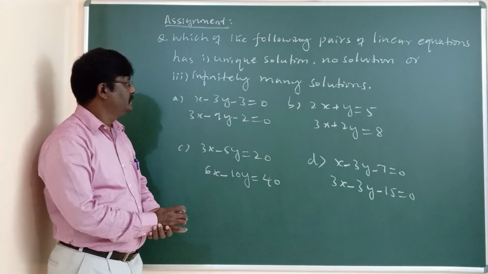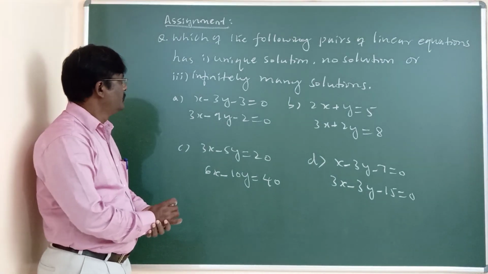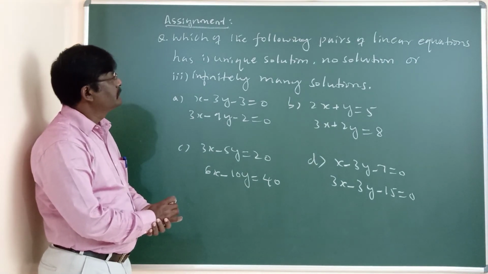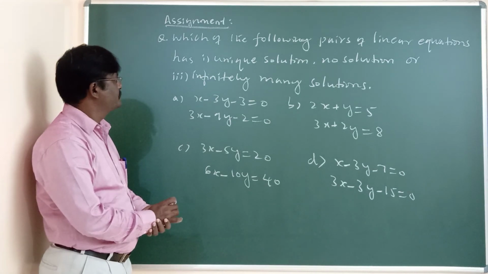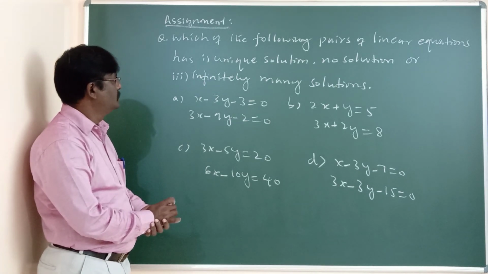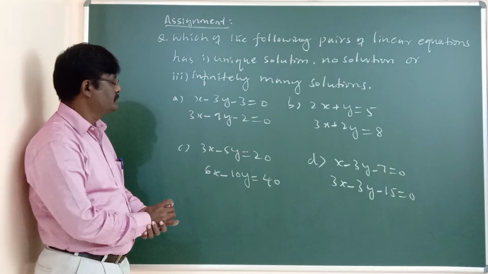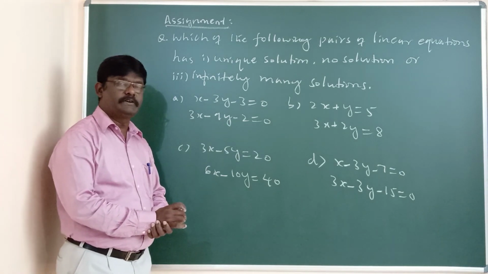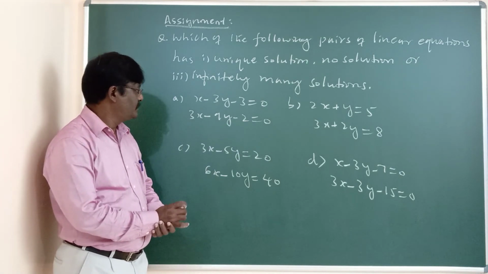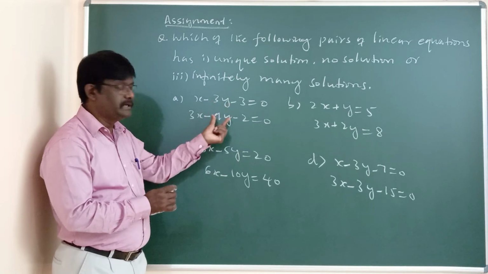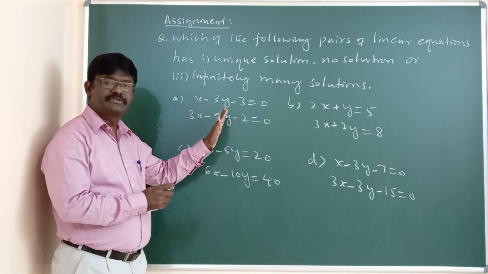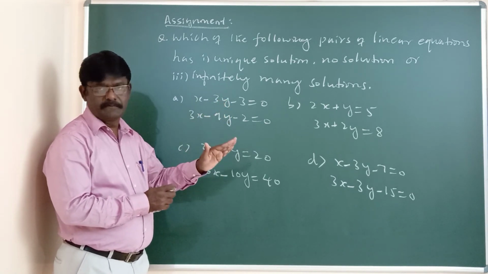Okay, children, here in this assignment, again see that we have to find out which pair of linear equations has a unique solution, no solution, or infinitely many solutions. Just like the problems we have done already. Each time compare the given pair of equations with the general form.